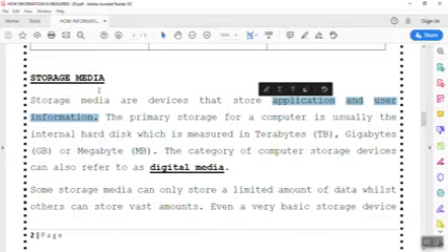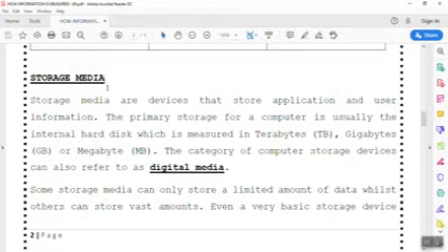Which means any storage media can store user applications, which simply means programs which run on the computer are stored on these storage devices, as well as the user information. The difference between the two is applications are programs which run on the computer.